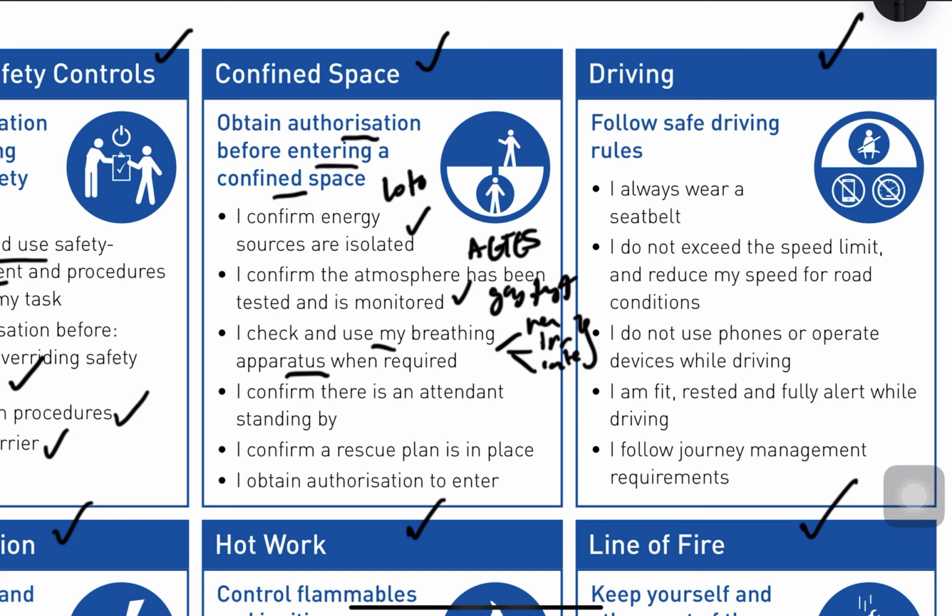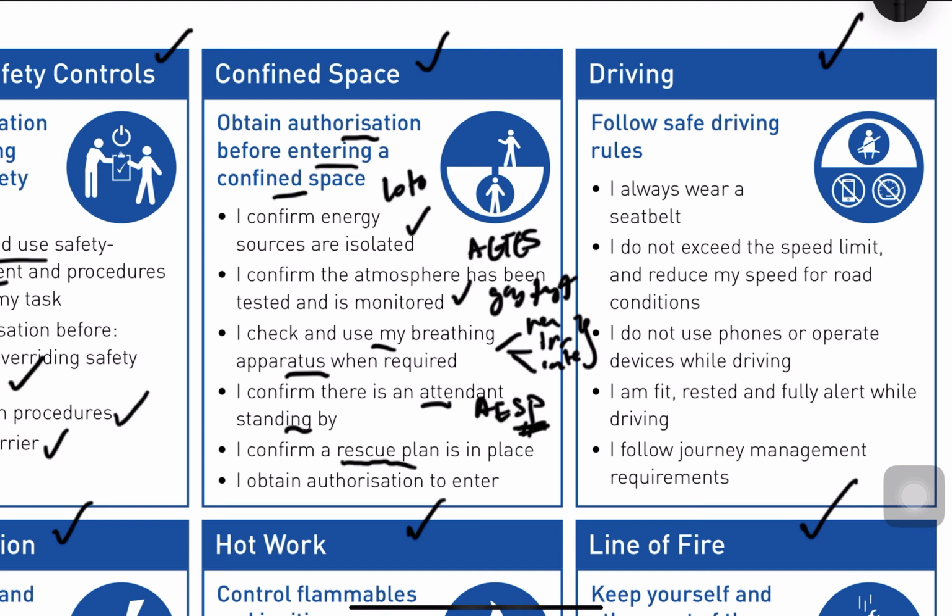I confirm there is an attendant standing by, an authorized entrant and standby person. You must make sure that the standby person is there when you are performing work. I confirm a rescue plan is in place.